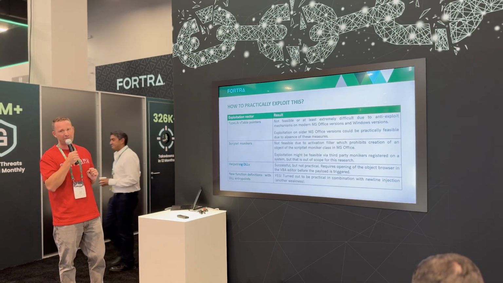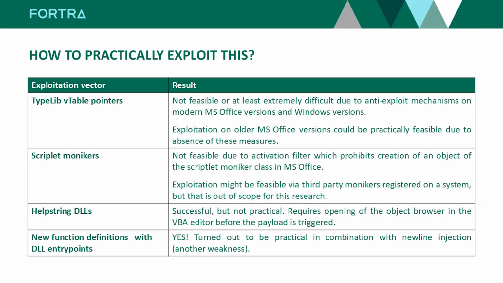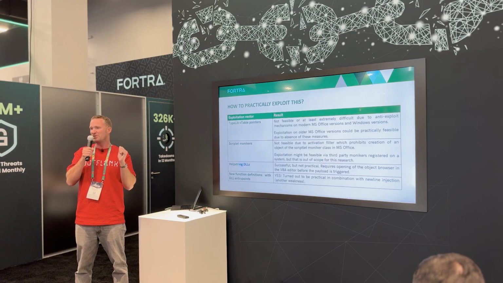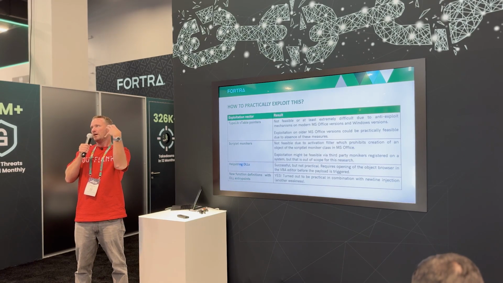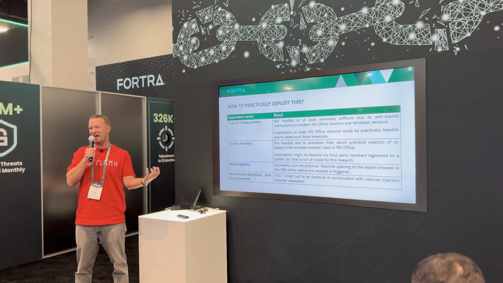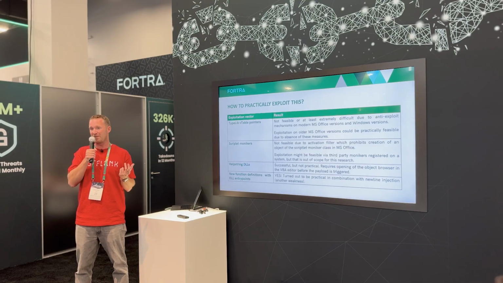Another feature of type libraries is that you can specify a help string DLL. What is that? A type library can reference a DLL for localization features. If your type library in the VBA editor wants to show support in German or Spanish or Chinese or whatever, you can have a DLL generate these text messages on the fly.